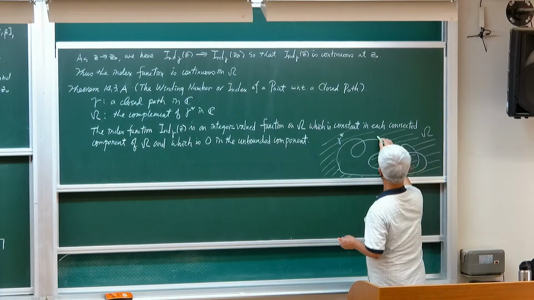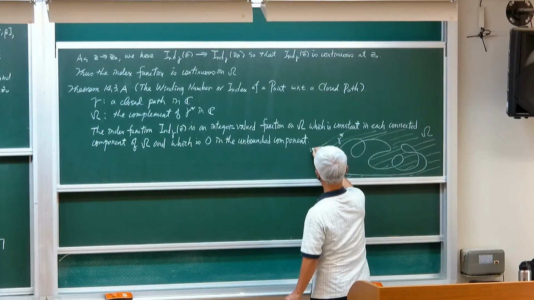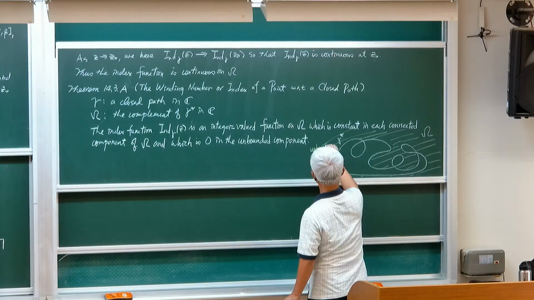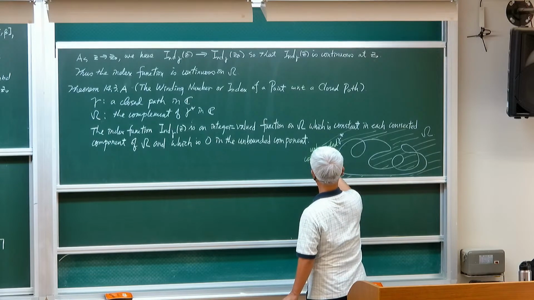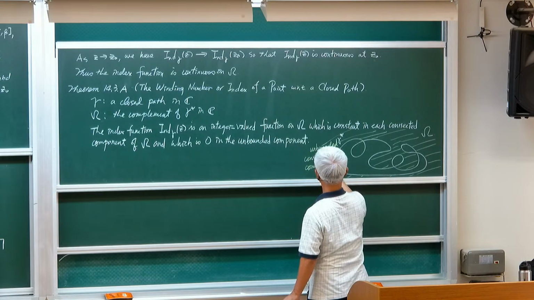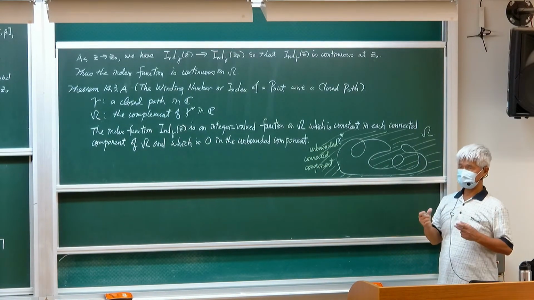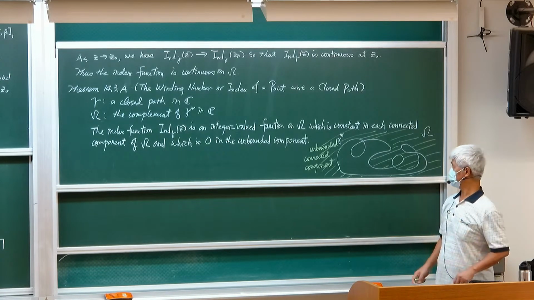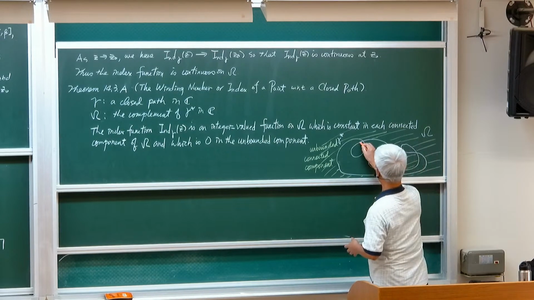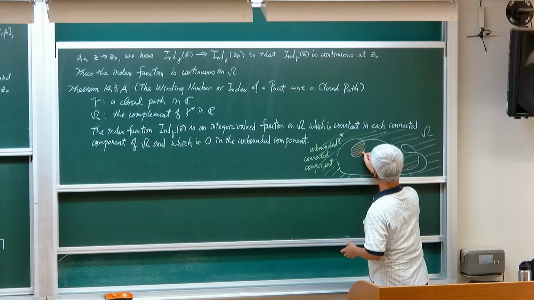Okay, so this is the unbounded connected component. Alright, so a connected component is the biggest connected subset, the maximum connected subset. So this one is also a connected component.